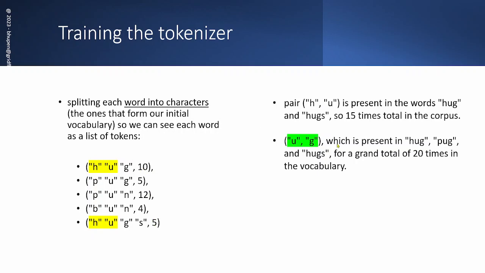But if you look at U and G, it appears here 10 times, and 5 times, so 10 plus 5, 15. And here is U and G again, that's 5 times, so that's 20 times. So that means U and G is the most frequently occurring pair of alphabets in this corpus.